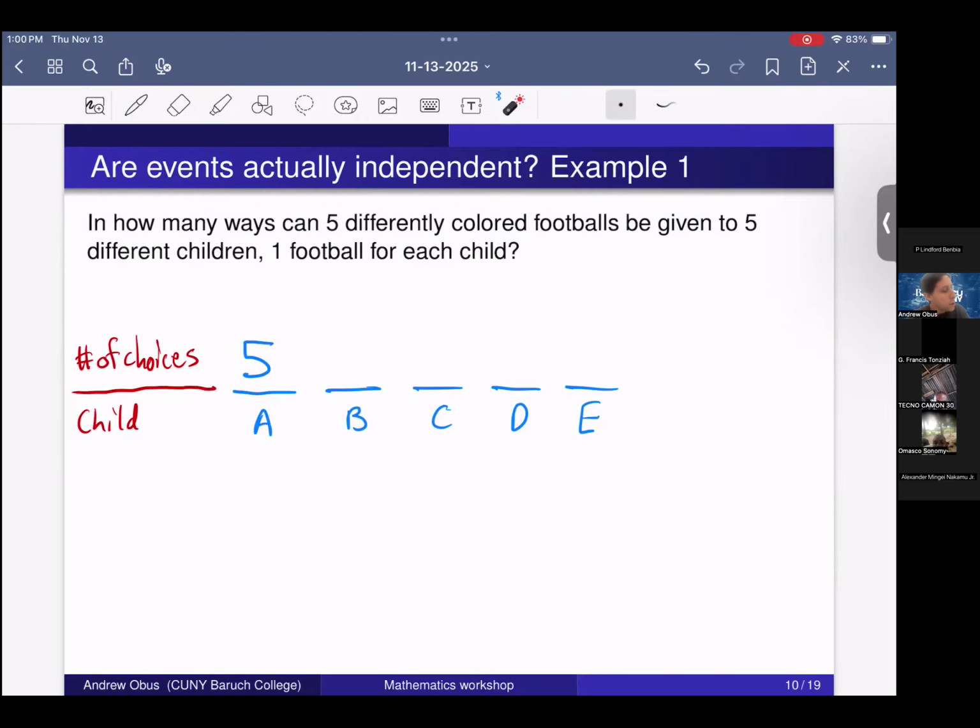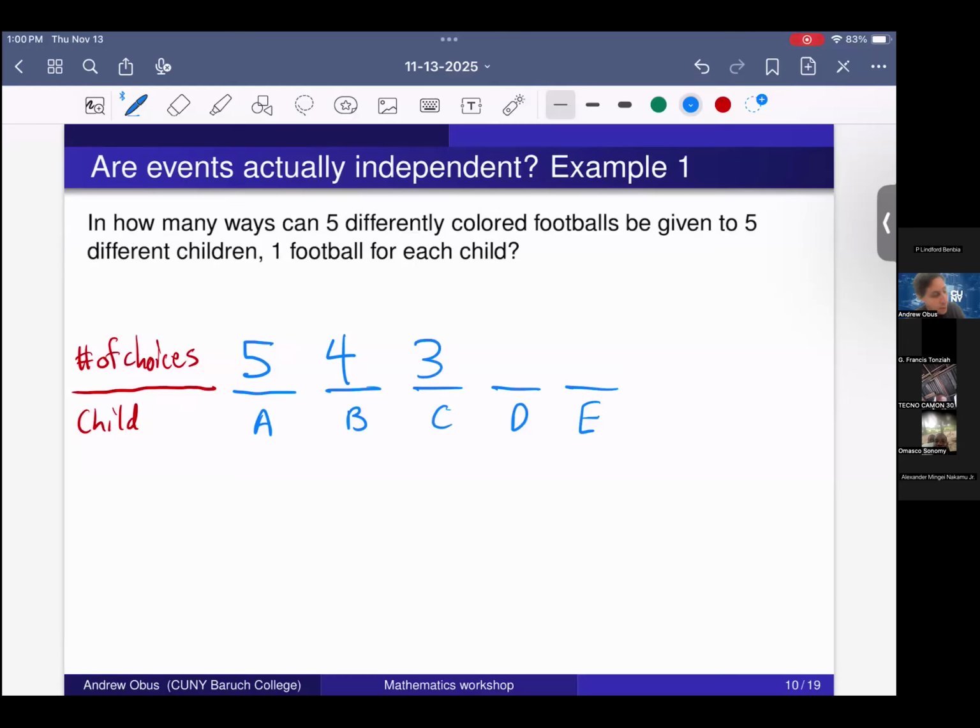Okay. So now that I've given one to child A, how many choices do I have left for child B? Should we say four? Four, exactly. Right. So four for B because one's already been given to A. And then now that I've given one to A and one to B, how many choices are left for C? Three, exactly.